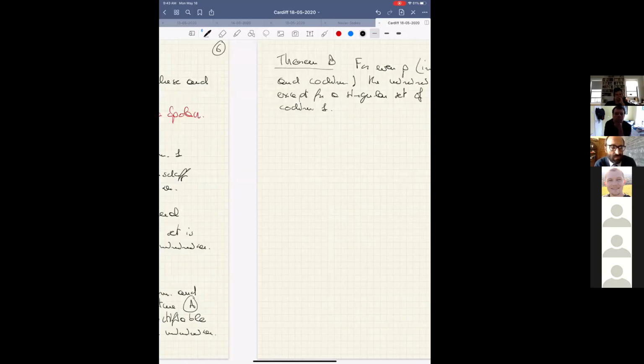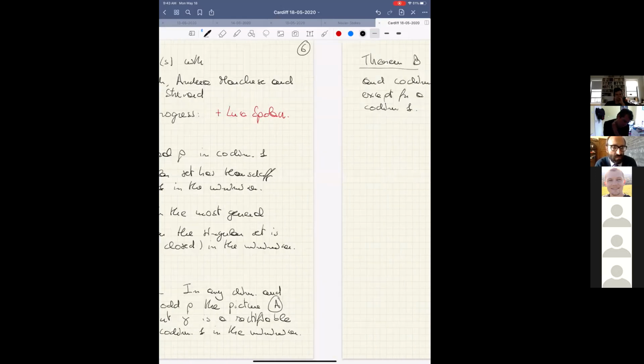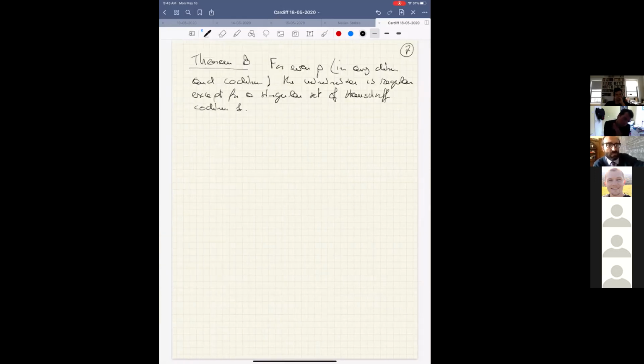So notice in particular that in theorem A, if, say, the dimension of the minimizer is m, so the gamma has finite Hausdorff measure.